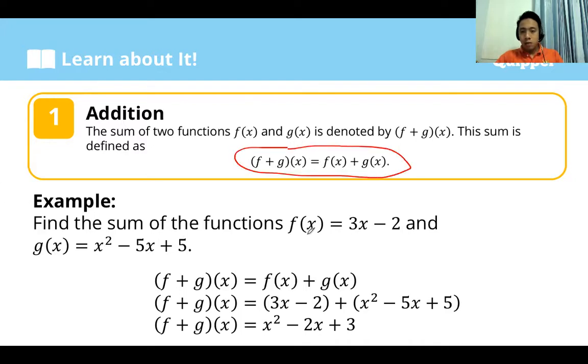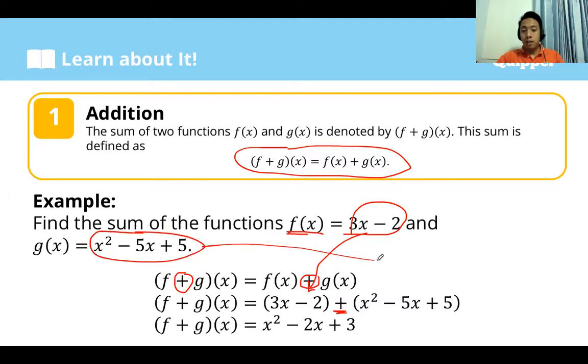So we will just copy the f of x, or the 3x minus 2, down here, because that is our value of f of x. And then we will put the addition sign, the plus sign. We will put it here and then we will put the value of g of x, which is x squared minus 5x plus 5.